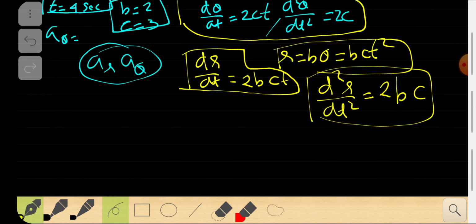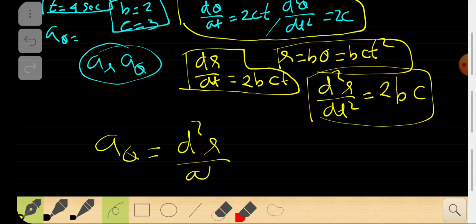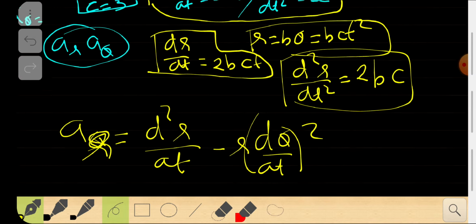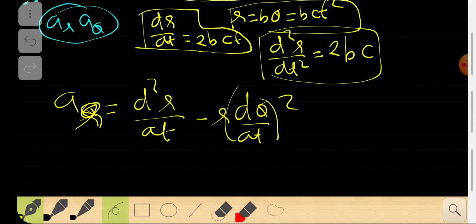So a_r will be d square r by dt square minus r times d theta by dt the whole square. Sorry, that was a_r, I just confused it. So let's substitute those values.